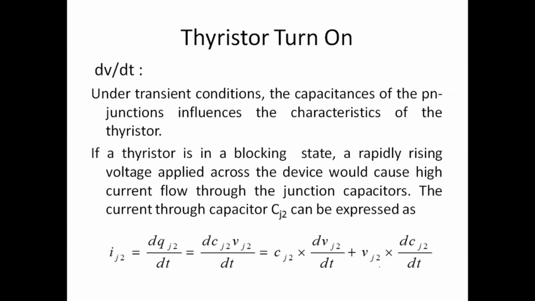Here, the first term is Cj2 into the change in applied voltage with respect to time. As I told, this is very high, so we should consider it. The second term is Vj2 into the change in capacitance with respect to time.